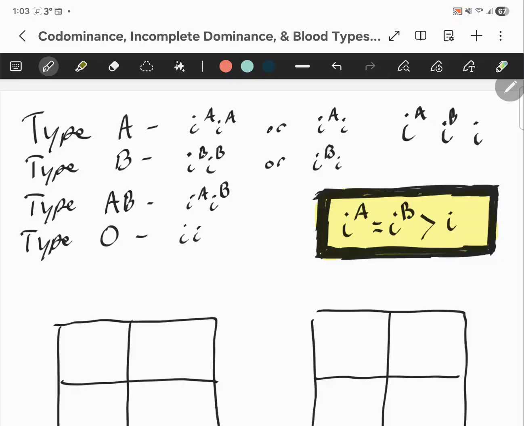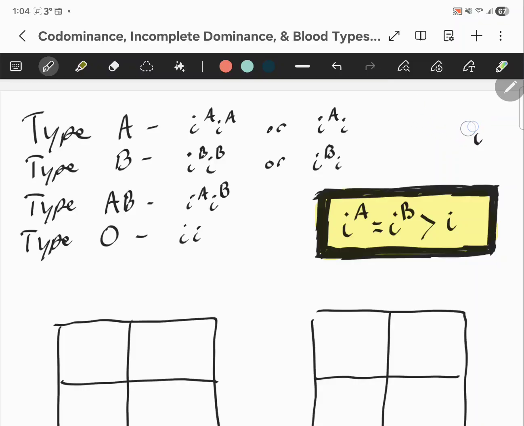It's the label on the outside of the red blood cells. This one has a label that says, hey, this is a type A blood cell. This one has a label that says, hey, this is a type B blood cell. And this one has no label, meaning that it's type O blood. So if you missed my last video, type O blood has no label, so it has no antigen.